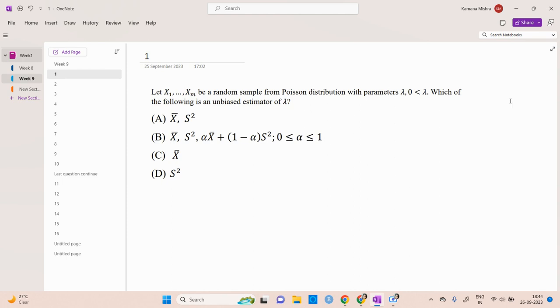Which of the following is an unbiased estimator of lambda?